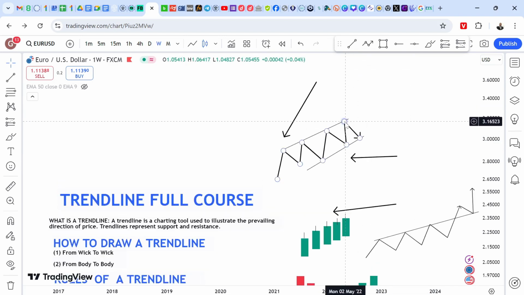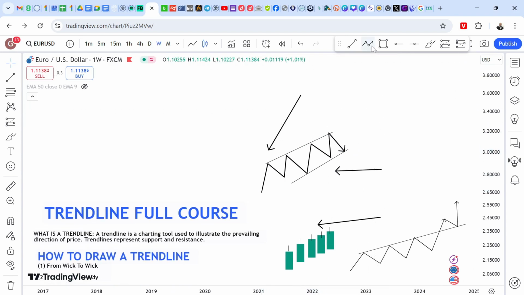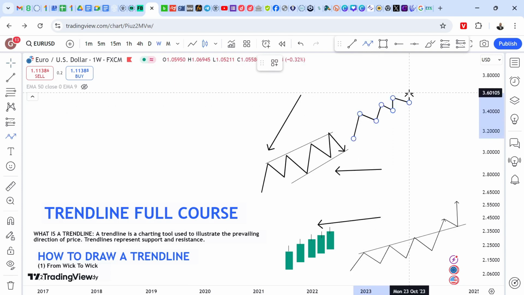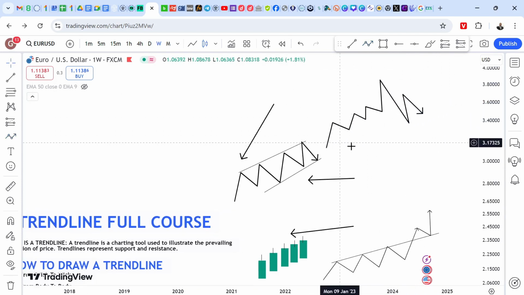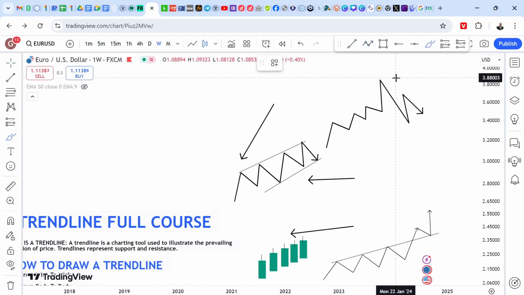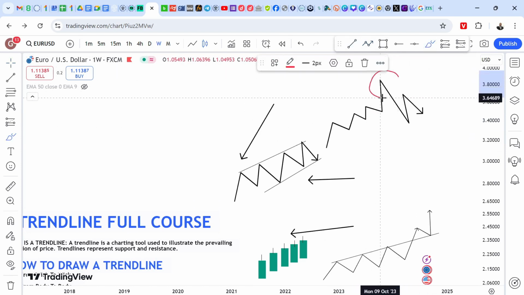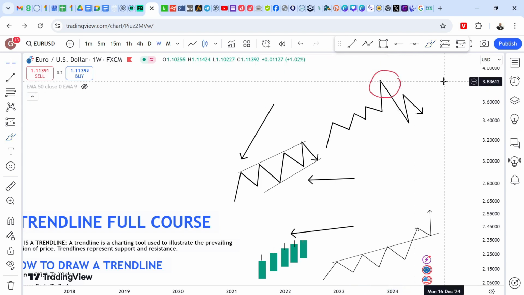Now, in terms of the relevancy test, all right, there are times that you will have a market trend that goes in an uptrend, and you have price come this way. Did you see that? Now, how do you draw this type of trend line? Now, this one, for example, here is a fake out. All right.